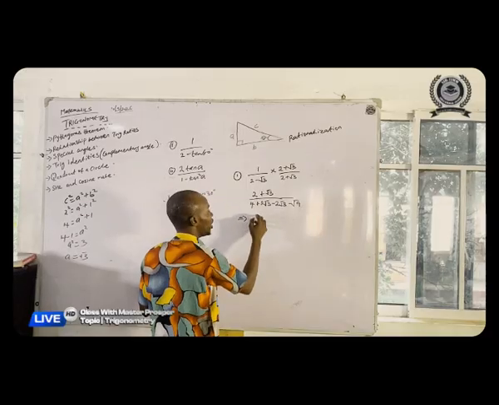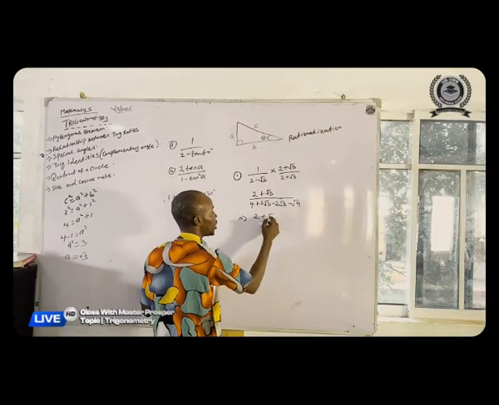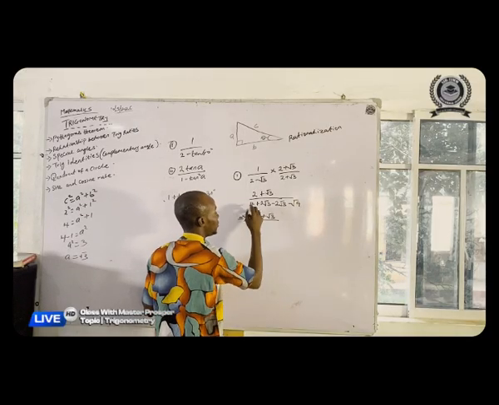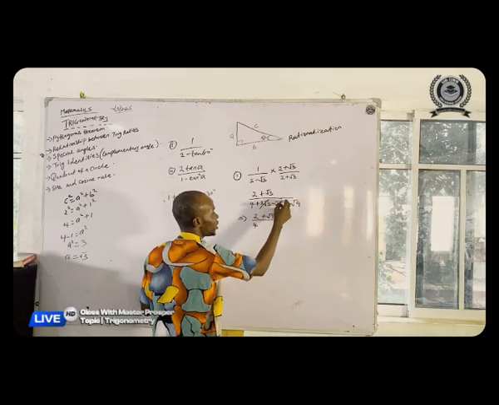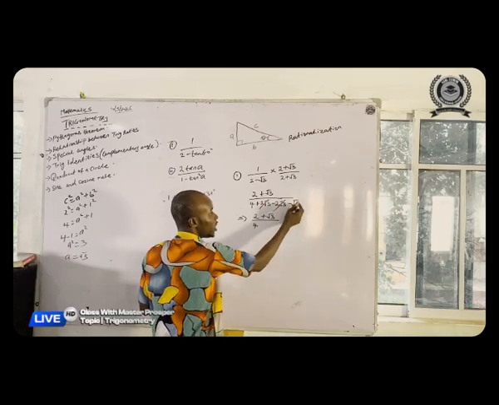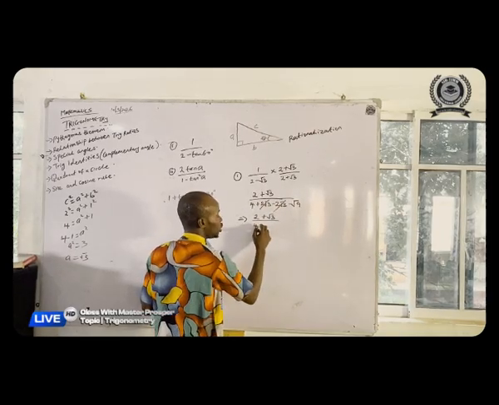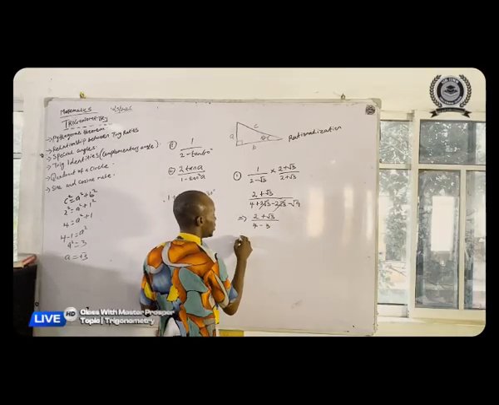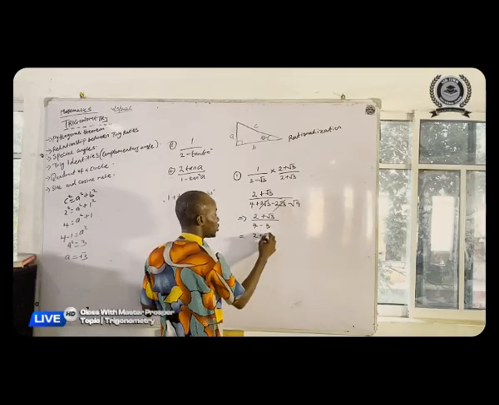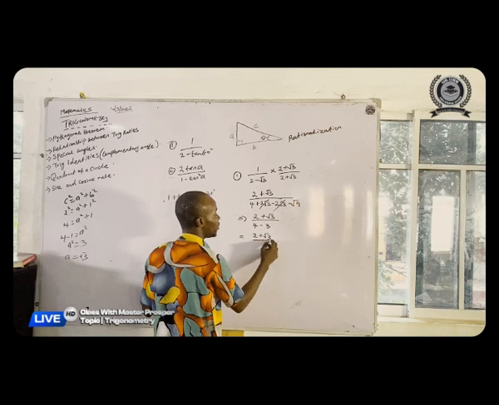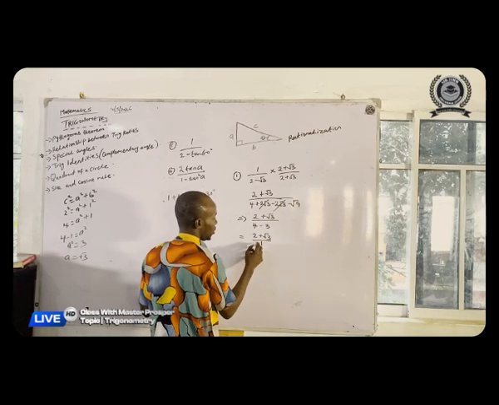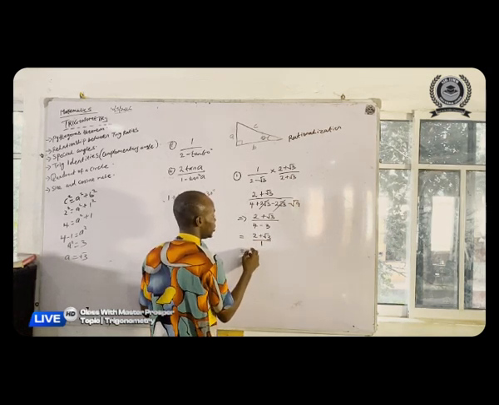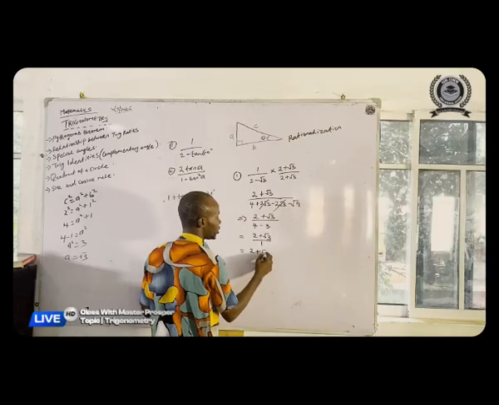We are now having that 2 plus root 3 all over 4. This and this will cancel out. What is square root of 9? 3. Is it minus 3. I'm now having that 2 plus root 3 all over 1, and it's equal to 2 plus root 3.